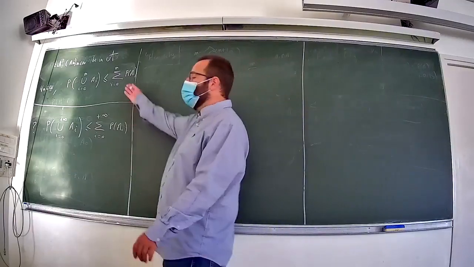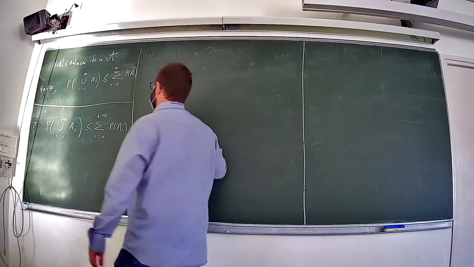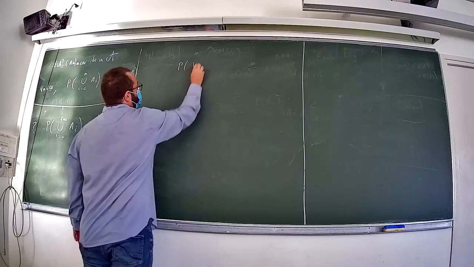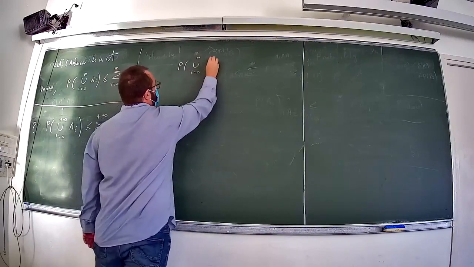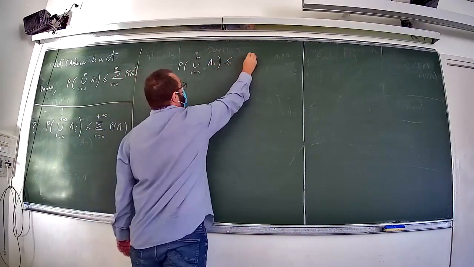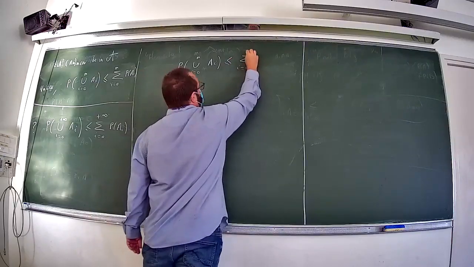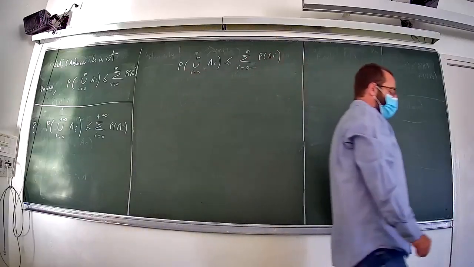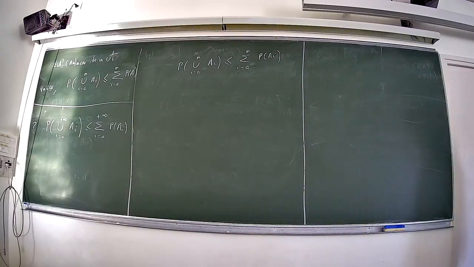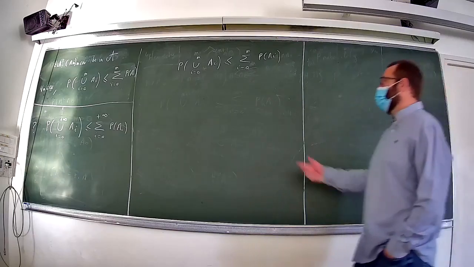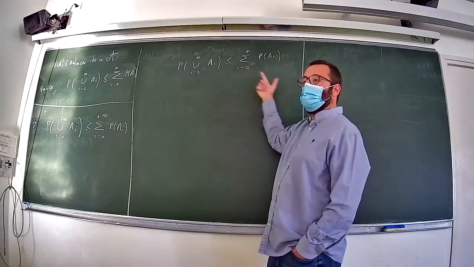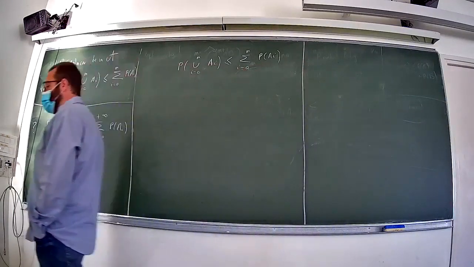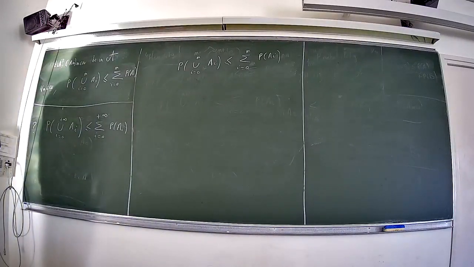So I start from what I know, and what I have previously proved. I know that I have this. That is true. So I have an inequality, and you know that when the limits are well defined, you can pass to the limits in inequalities. It's just like if you have two sequences, un and vn, un is less than vn. So if the limits exist, the limit of un will be less than the limit of vn.